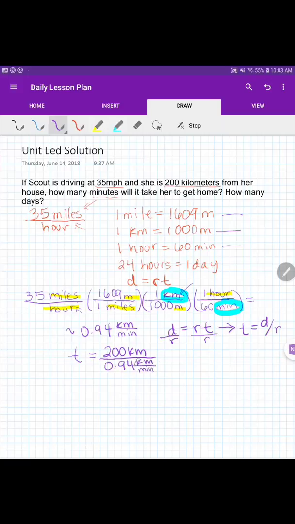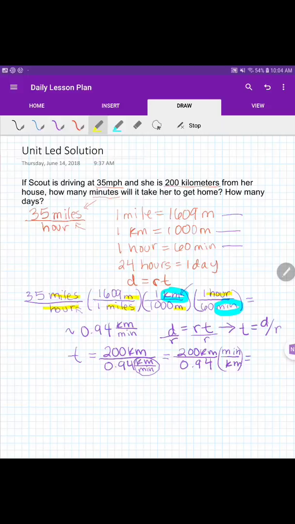Now this conversion here is a little bit more difficult to see, but we can use some rules of fractions to help us out. So when you divide by a fraction, you actually want to multiply it by its reciprocal. So I'm going to take kilometers per minute, which is in the denominator, and I'm going to flip it over and multiply this fraction by it.